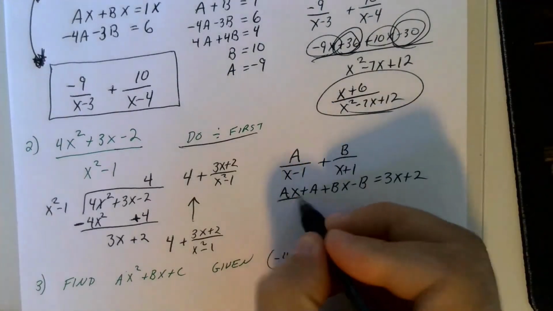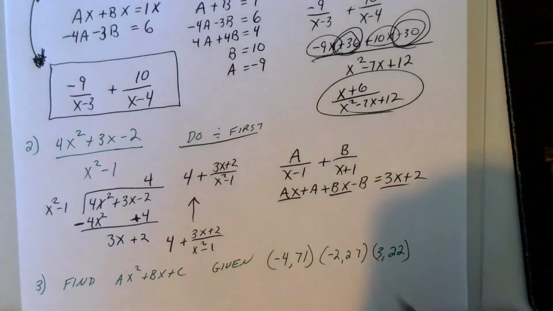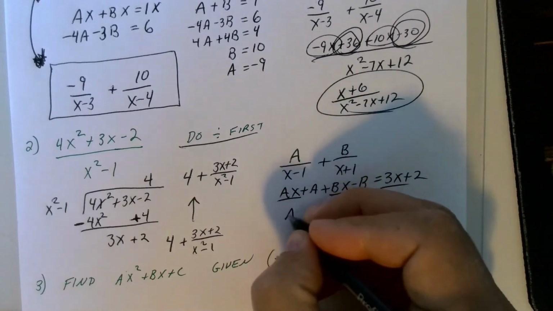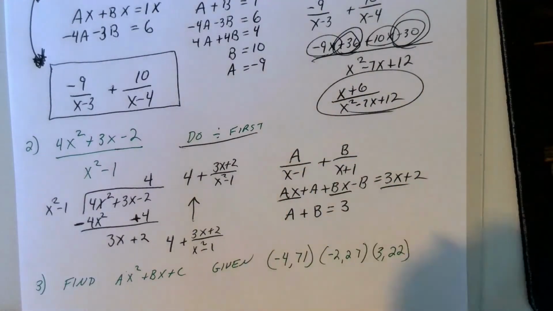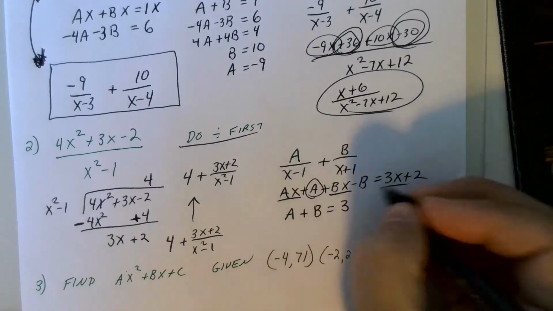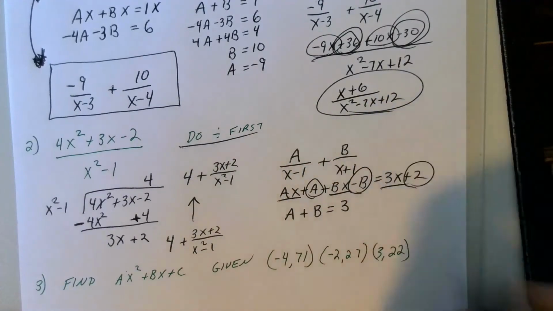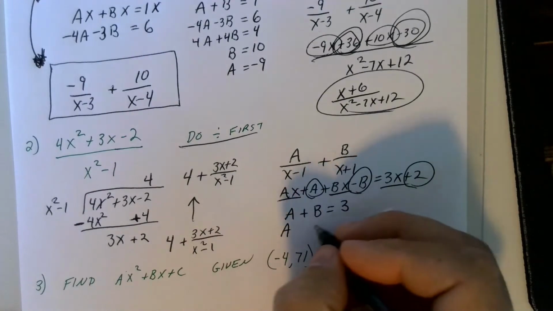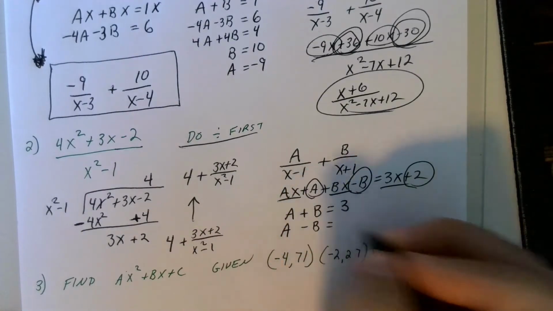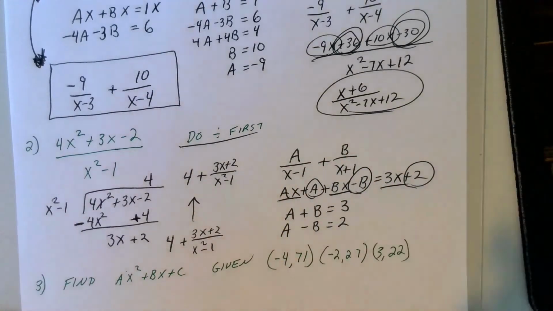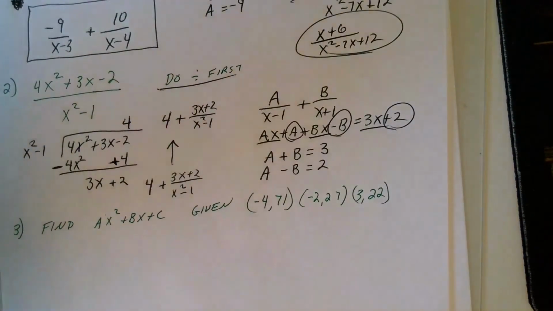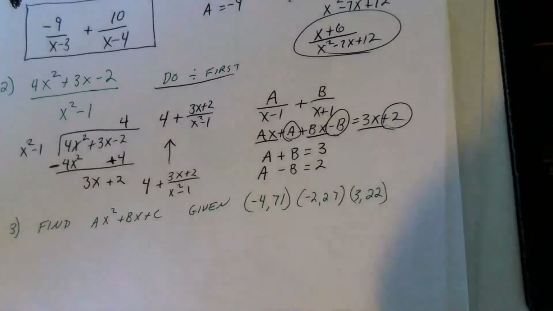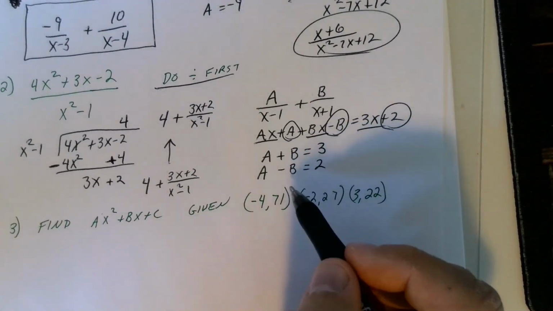So now I'm going to line up the linears into a thing. So a plus b equals 3, and then the constants: a minus b equals 2. And again, you can throw this into your RREF, but literally it's so easy.